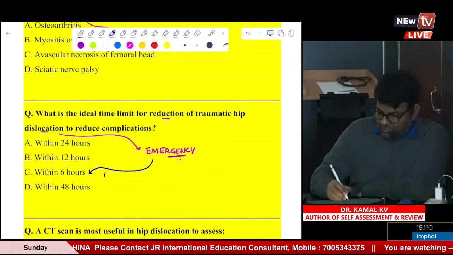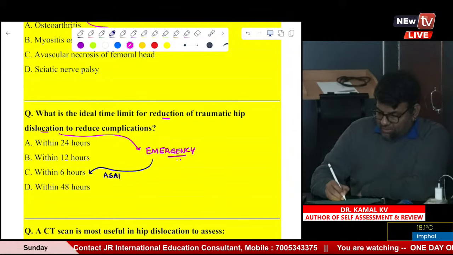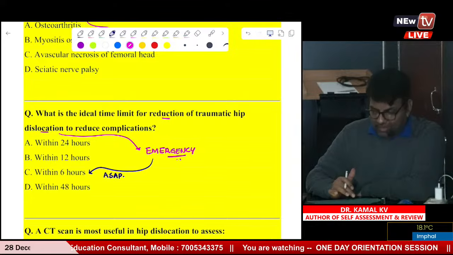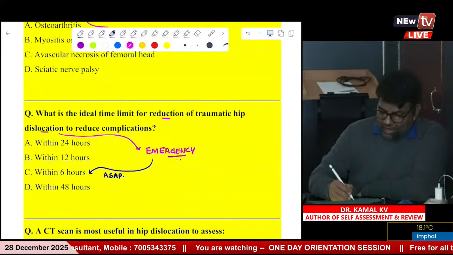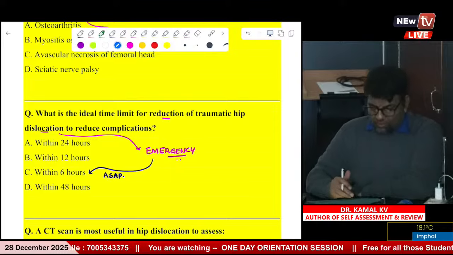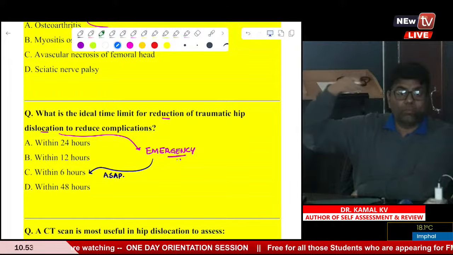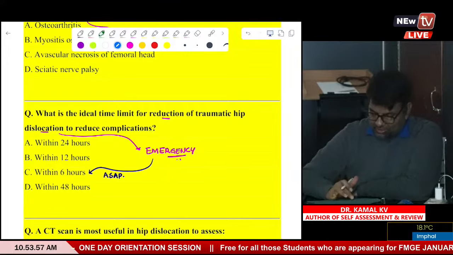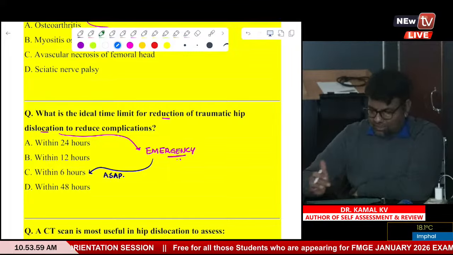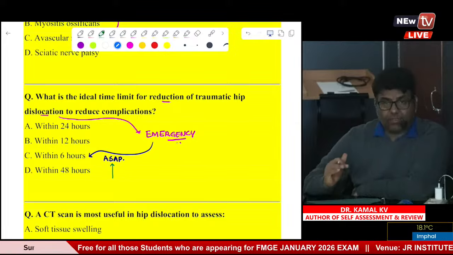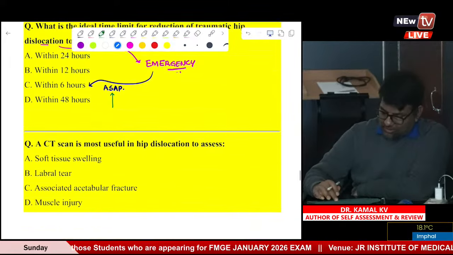As early as possible. Clear? As soon as possible. Just because this is the minimum limit given here, we are writing 6. But suppose if there was a limit of 2 hours, 1 hour, then definitely we should have gone for the minimum time duration, right? So considering the 4 options, this is the minimum. Otherwise the fact is as soon as possible.